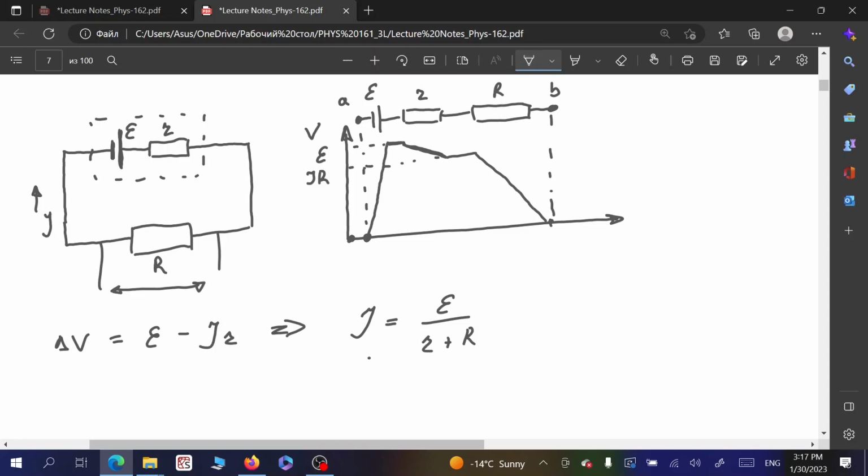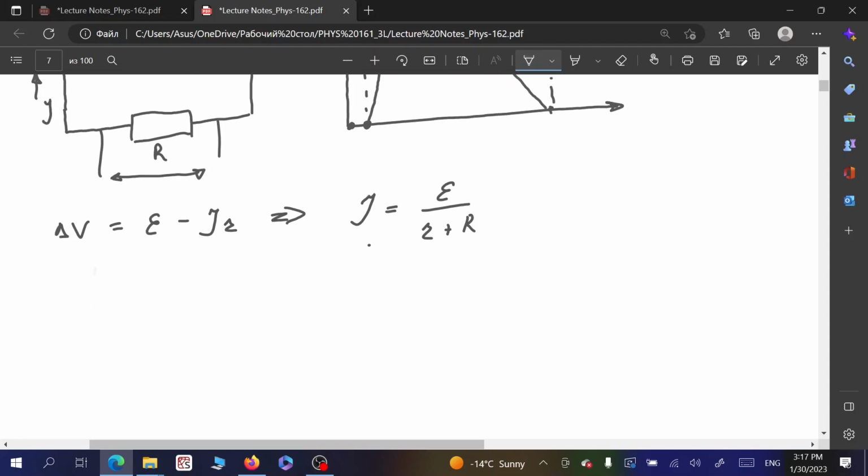So now let us record how we determine electric power which dissipates on the load resistance.